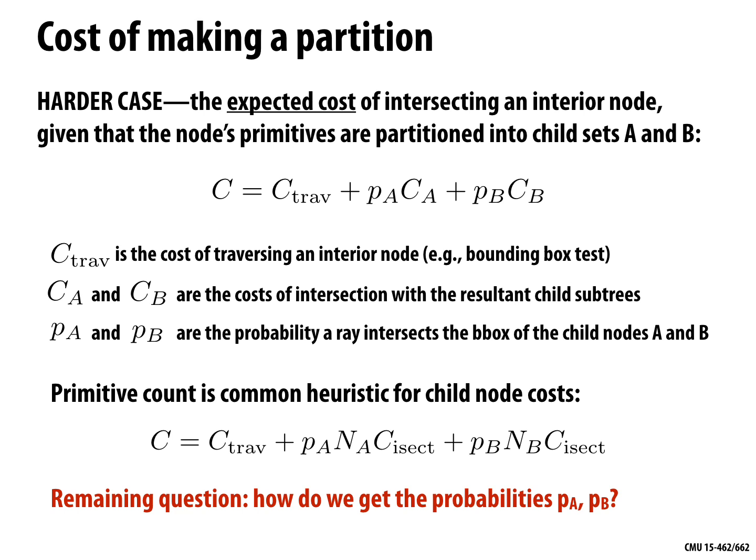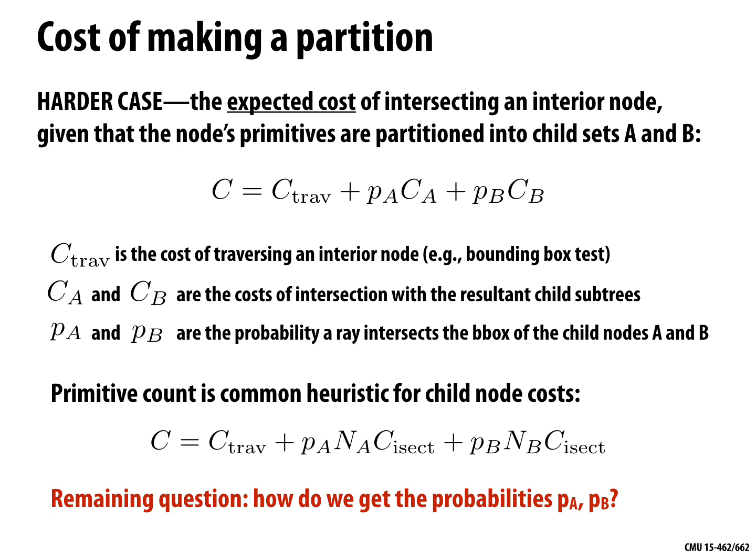There is, however, one remaining question, which is how do we get these probabilities PA and PB? What is the probability that a ray hits the left child or the right child? And of course, we can't know for sure, right? The user, whoever's sending us rays, could send us rays in any possible configuration. They could send us the same ray over and over again.